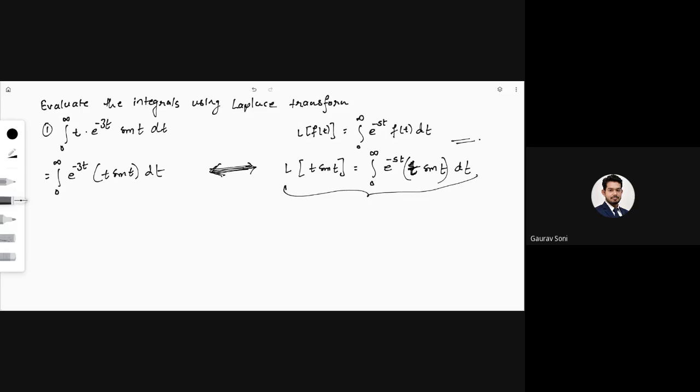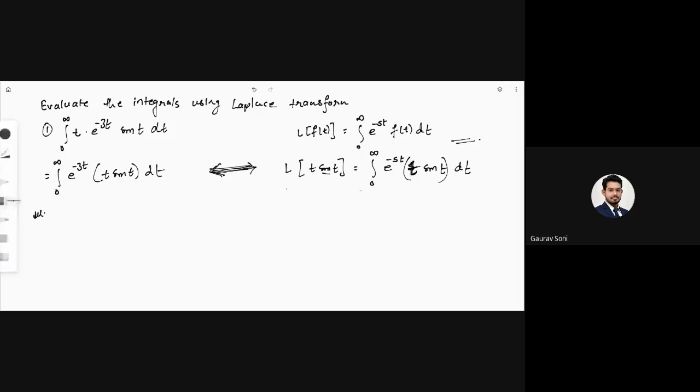If you see the right hand side, if you put s is equal to 3, then for s is equal to 3 you can get this integration. So what I can do is find out the Laplace transform of t sin t, and in that I will put s is equal to 3. Okay, so how to put this?